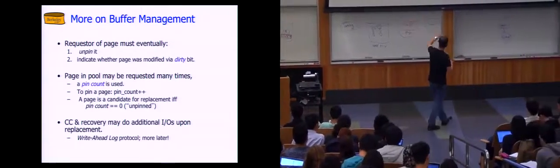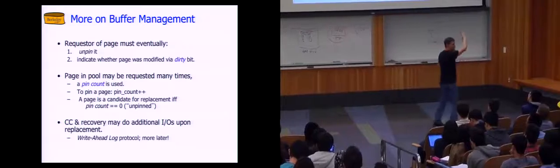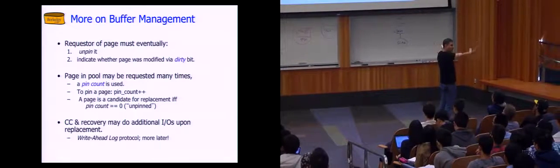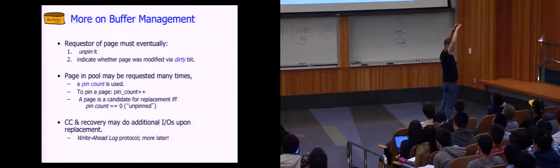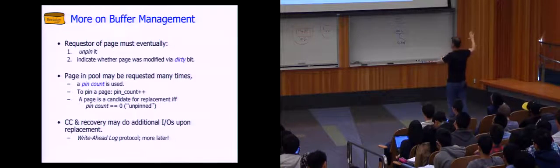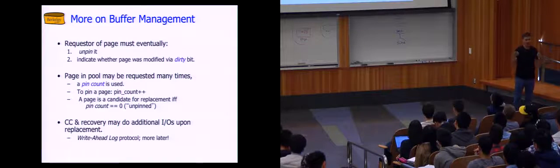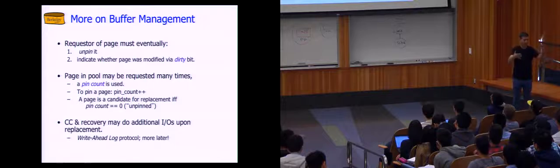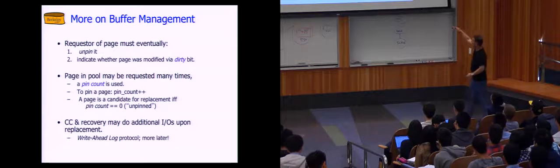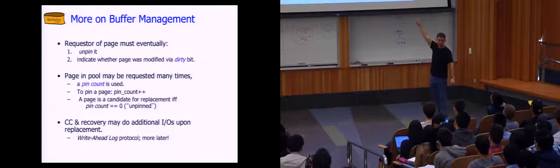Now, the concurrency control and recovery units, which remember we're off to the side of that block diagram of the whole database system, you remember? The storage layer was at the bottom and so on. Off on the right-hand side was concurrency control and recovery. Recovery is the thing that helps your database when it crashes. Concurrency control is the thing that keeps these different queries from messing with each other. Well, these guys may do some additional stuff when you replace a page.